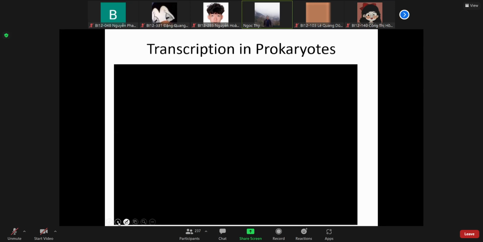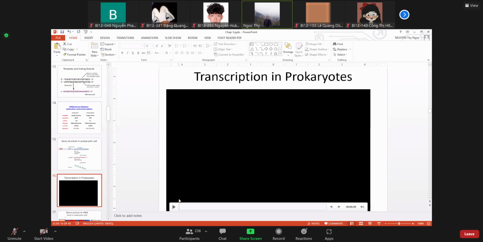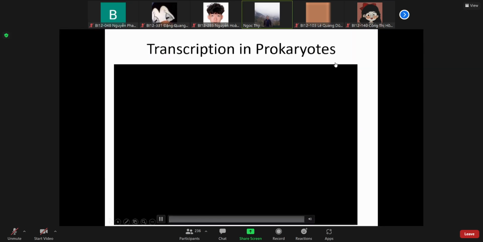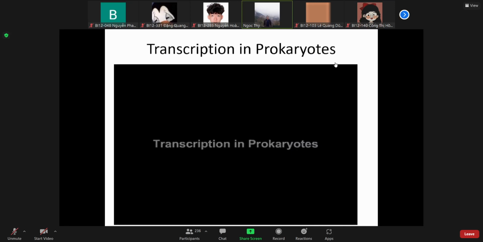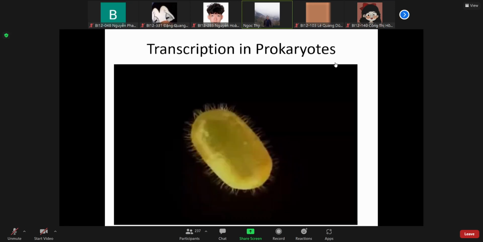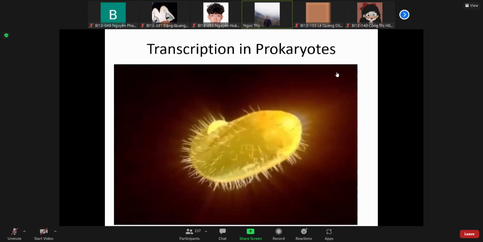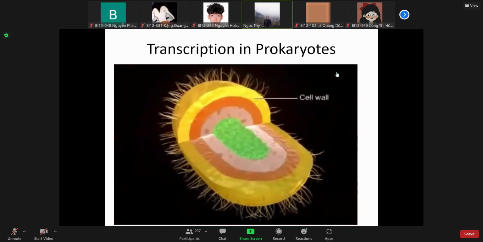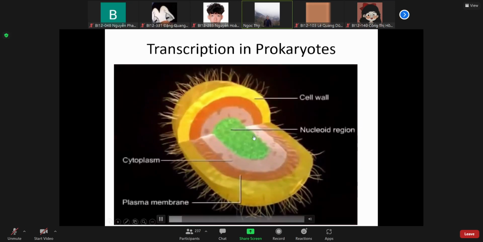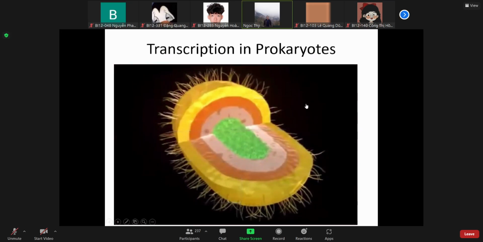Let's watch a small clip demonstrating this process. This is the nucleus region of the prokaryotic cell.